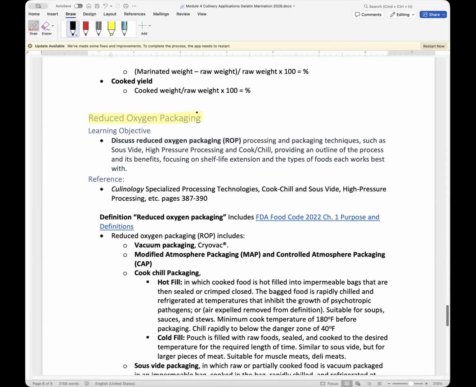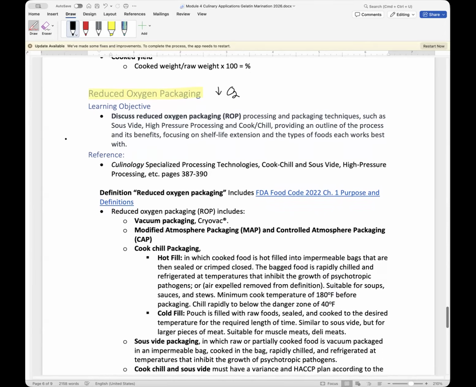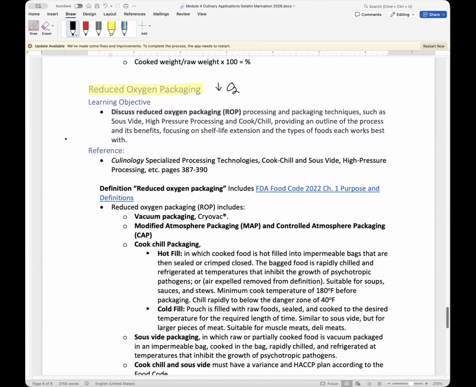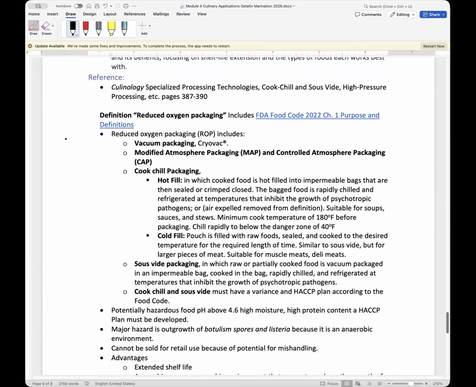They have a reduced oxygen. And O2 is the bad guy, right? O2 reacts with fats and makes them rancid, and it's just a bad guy all the way around. So reducing the amount of oxygen in a package is going to be great.